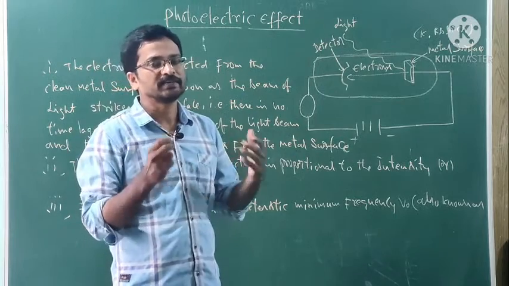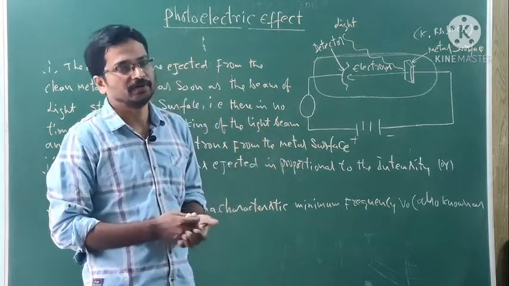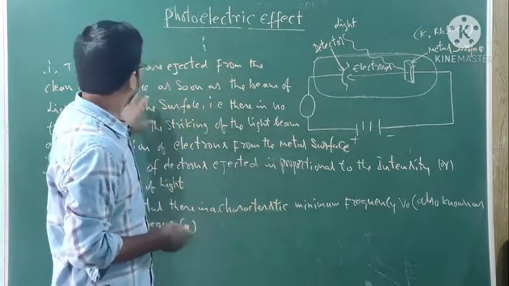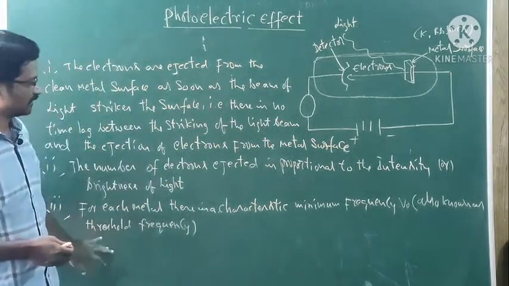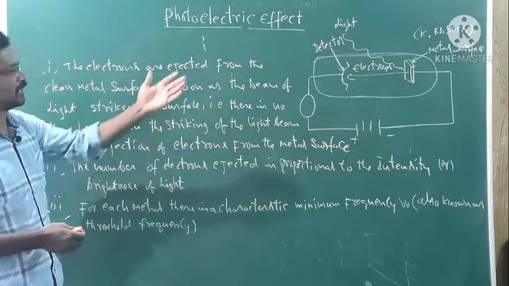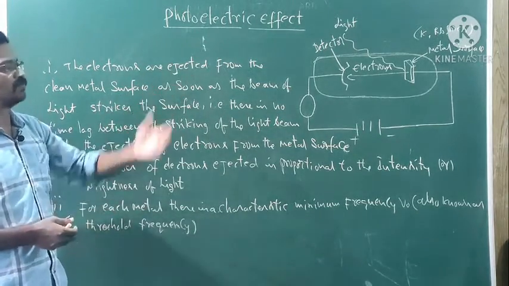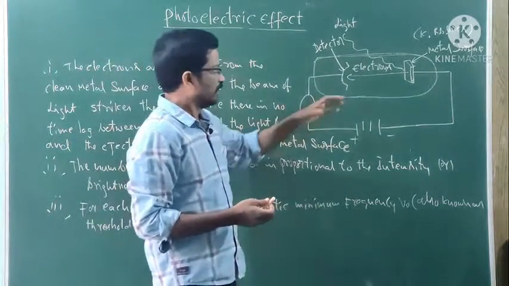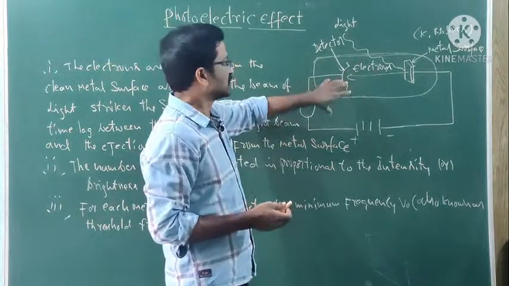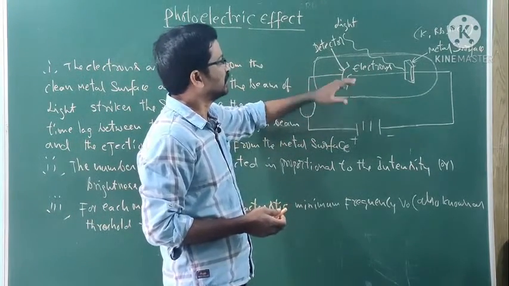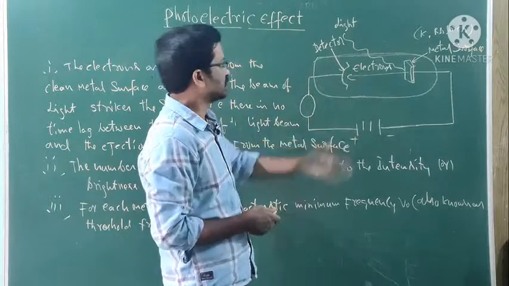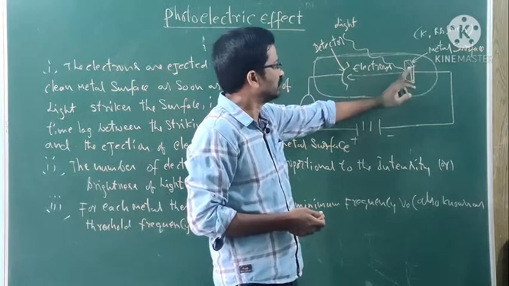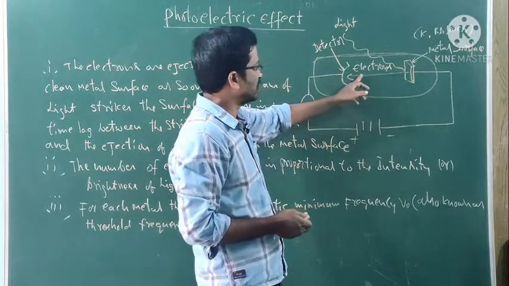Next, he explained this photoelectric effect by considering 3 points. The construction of the diagram is like this. Metal surface, active metal surface, light falls on this metal surface, and electrons are ejected.